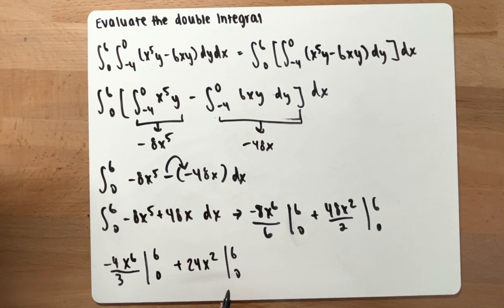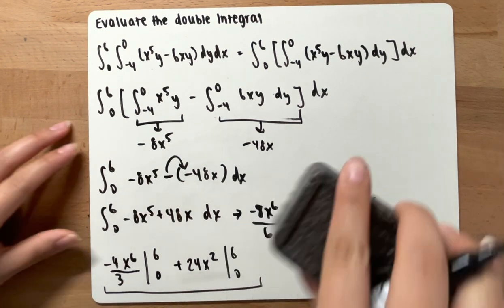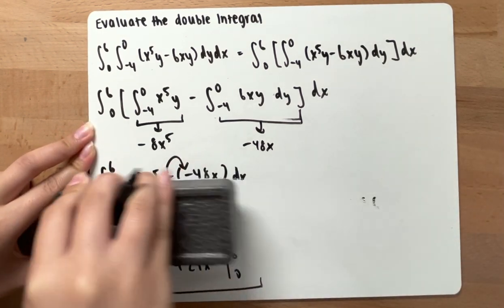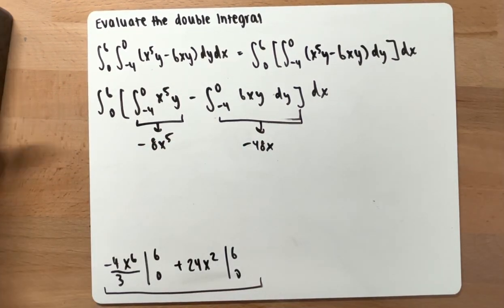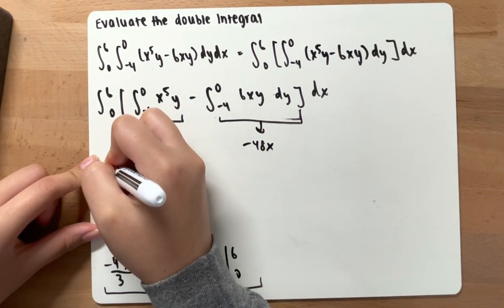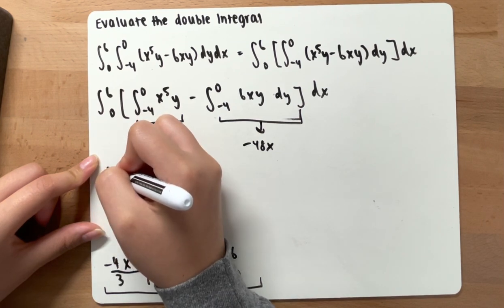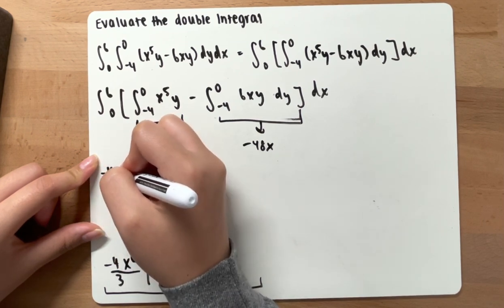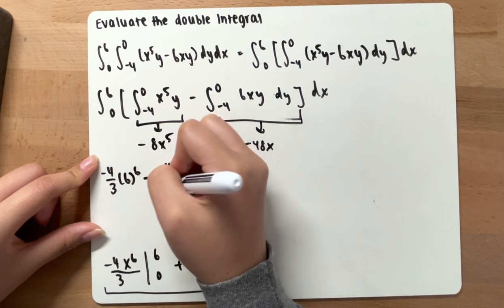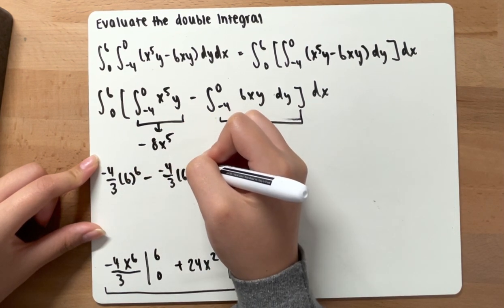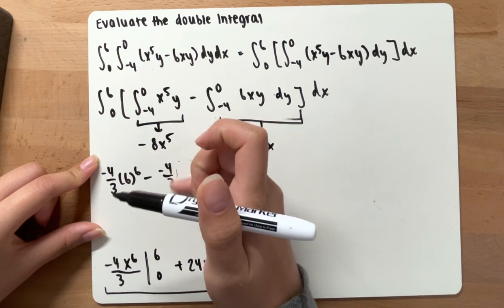Now we can easily find these two values. So let me erase the top part. Okay. You will have -4/3 times 6 to the 6th power minus -4/3 times 0 to the 6th power.